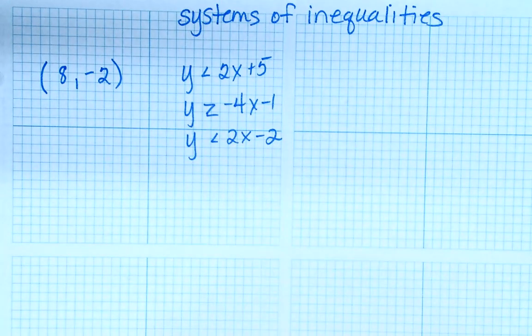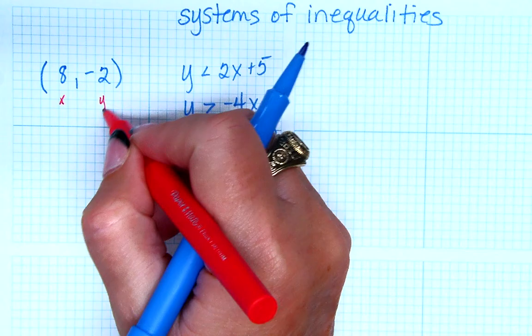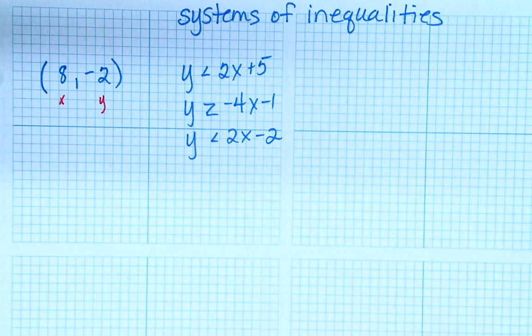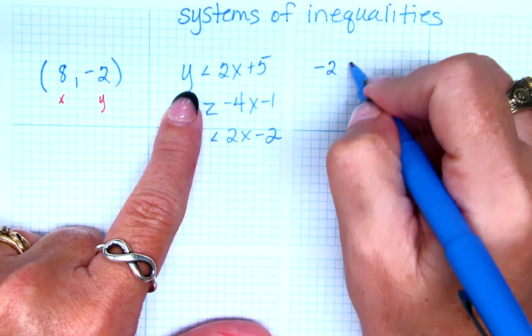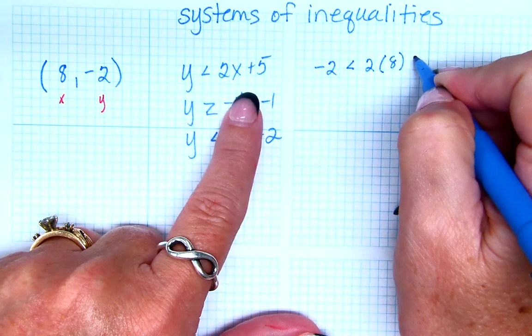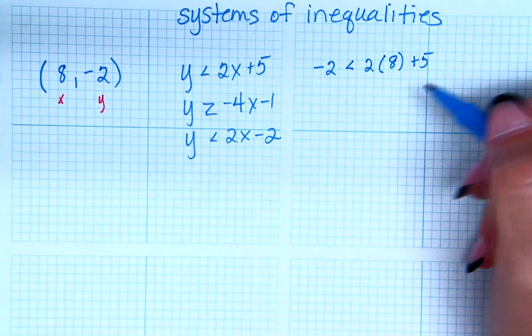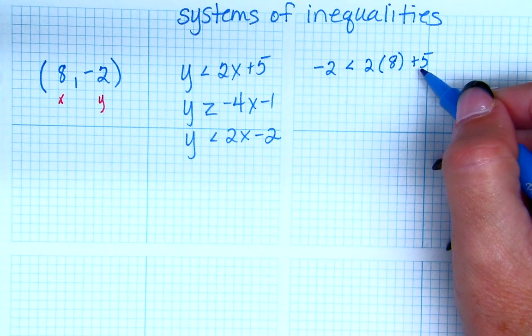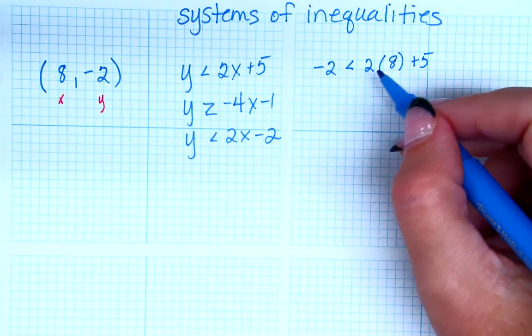I'm plugging it in, right? So let's just remember very quickly, this is x and this is y. So -2 is less than 2 times 8 plus 5. Well, what is 2 times 8? 16. What is 16 plus 5? 21. Is -2 less than 21?